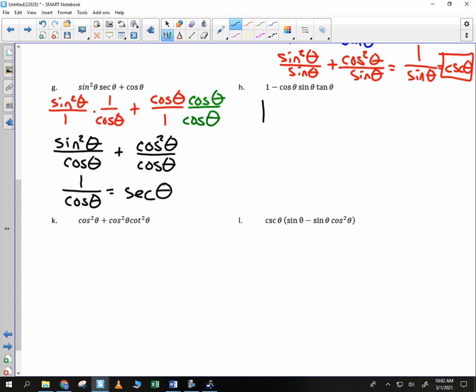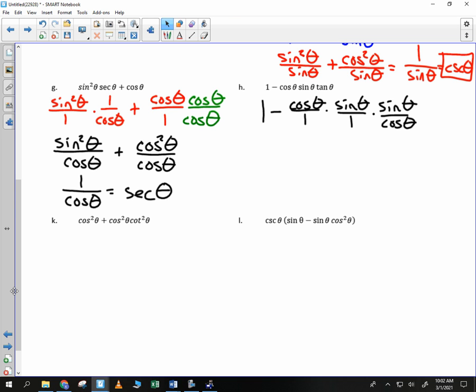Letter H, 1 minus cosine of theta over 1 times sine of theta over 1 times tangent, which is sine of theta over cosine of theta. What do you notice? Cosines are gone.